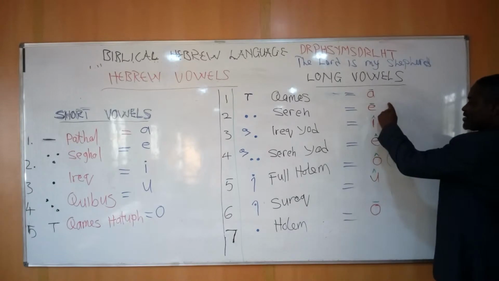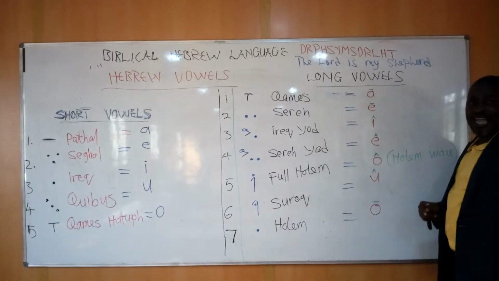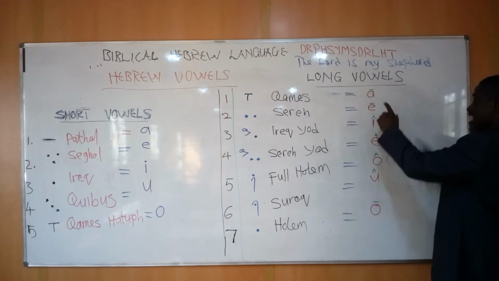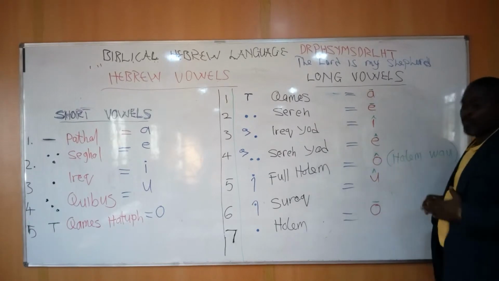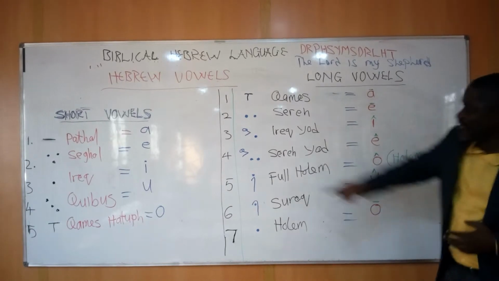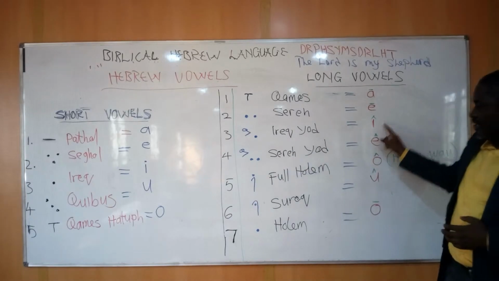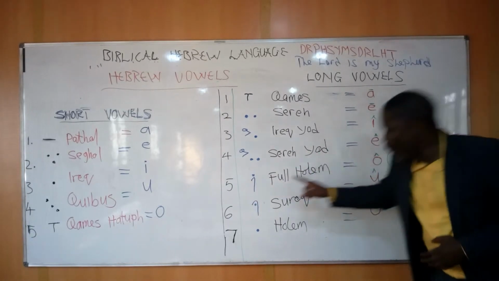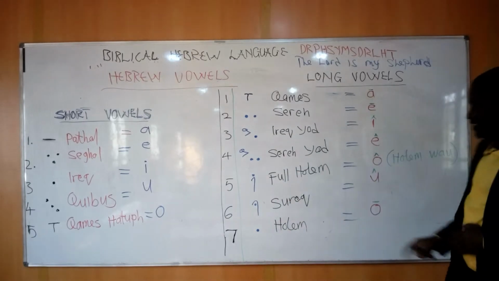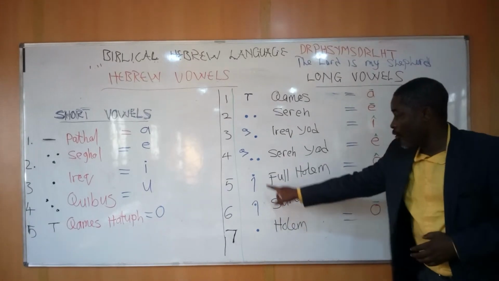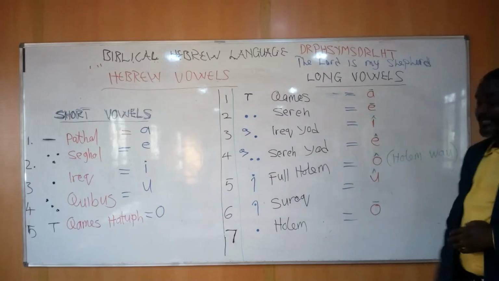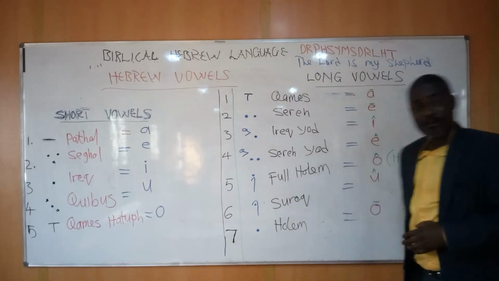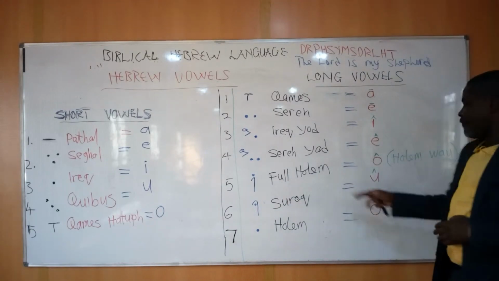Instead of just a straight horizontal line, it has two vertical lines that are slanting and touching at the top. So because you have hiriq yod, it's a long vowel. Tsere yod is a long vowel. Full holem is a holem along with the letter waw, so we call it full holem.